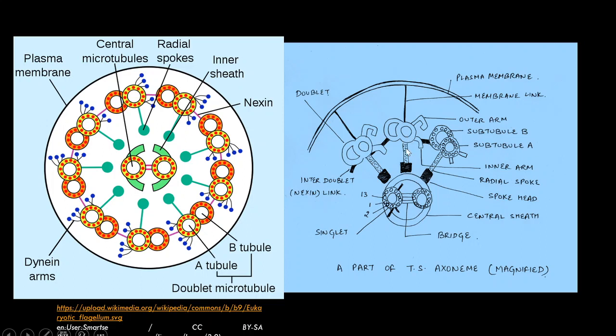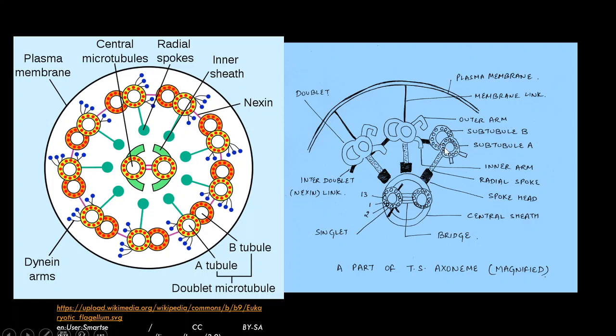There are radial spokes that join the doublets with the central sheath. The 2 singlets are themselves connected by a bridge. The doublets are also connected with each other by interdoublet links having nexin.